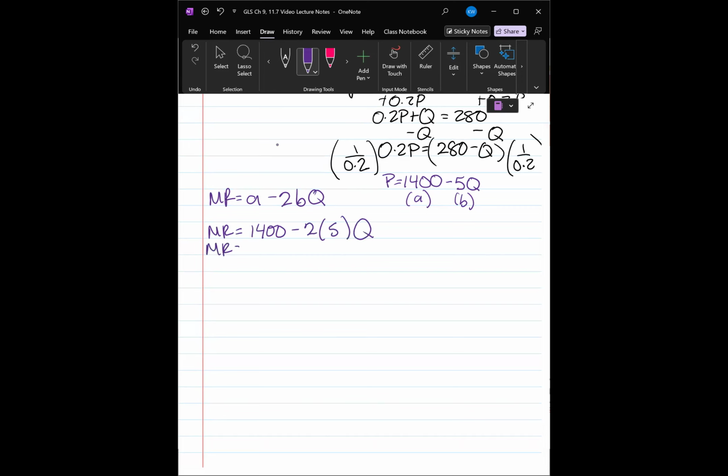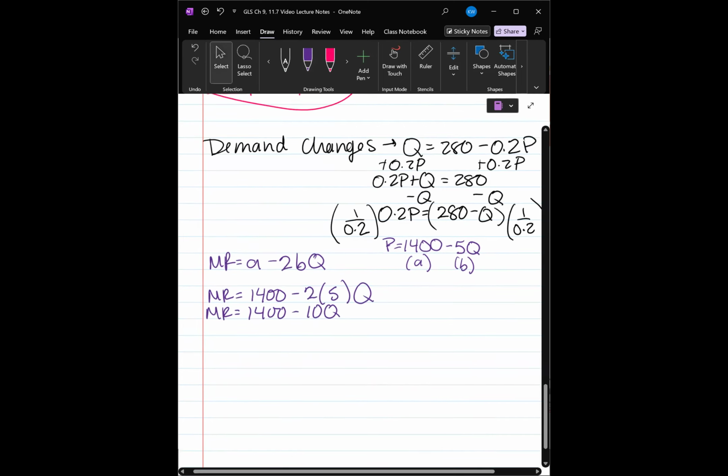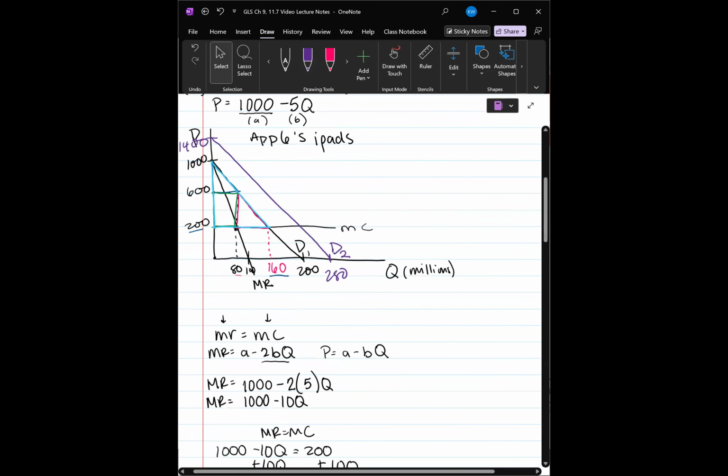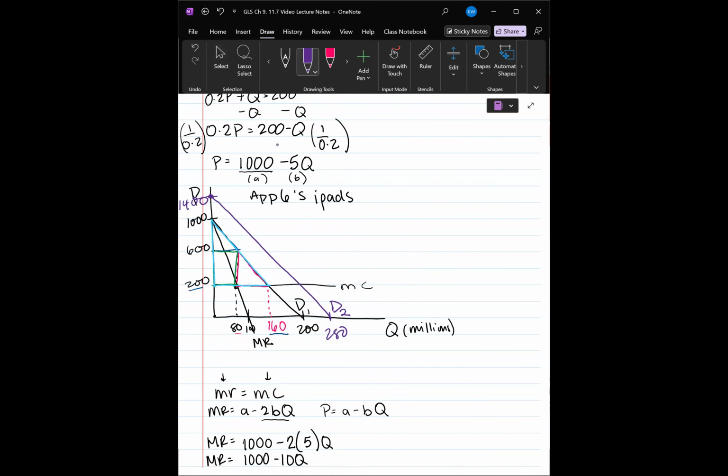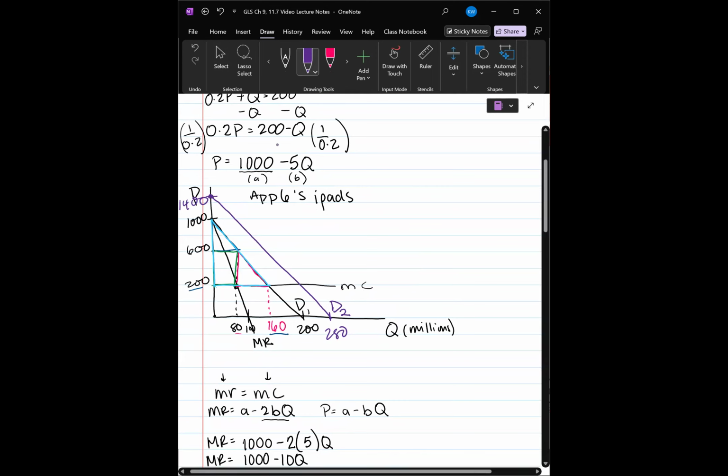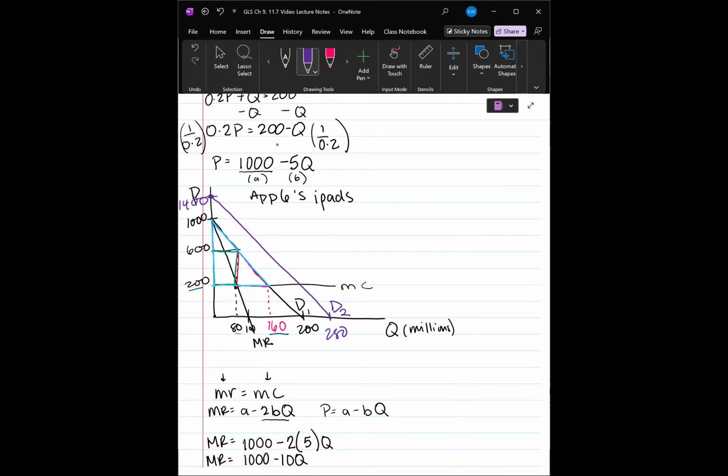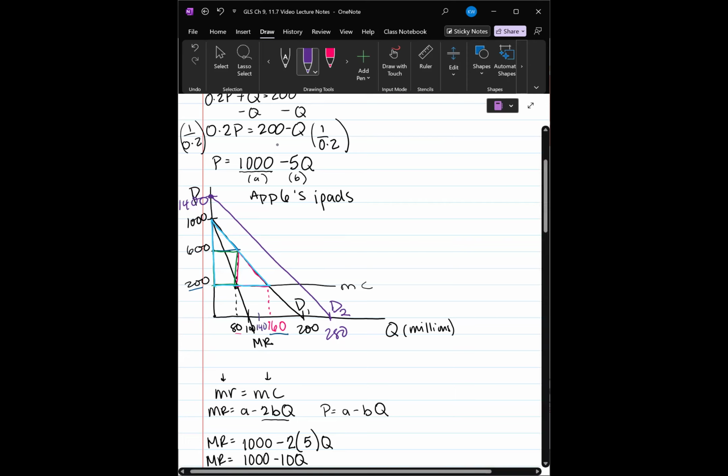That gives us marginal revenue equal to 1,400 minus 10 times output. Okay, so we can draw in our marginal revenue curve here, starting also at that 1,400 point, and it's going to intersect our quantity axis at 140. Right, so there you go.